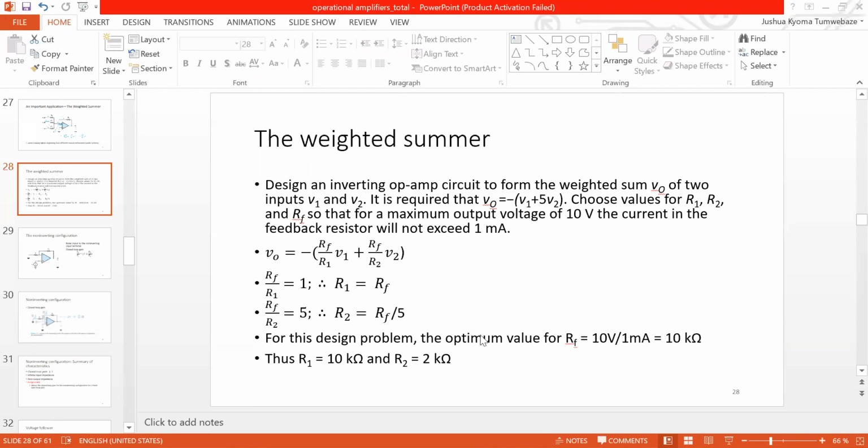So we can find an optimum value for RF to simply be 10 divided by 1 milli. So if we set our feedback resistor to 10 kilo ohms, we then obtain R1 as 10K and R2 as 2 kilo ohms.